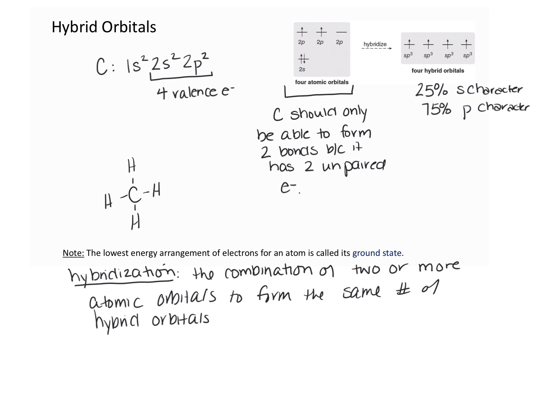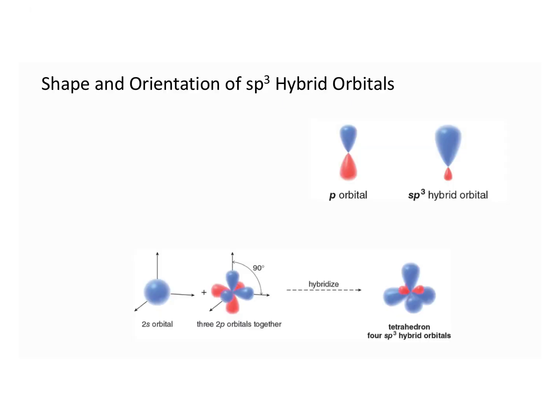Let's look at sp3 orbitals in more detail. When we mix the spherical 2s orbital with dumbbell 2p orbitals, we get four hybrid orbitals that have a distorted shape like this. They have a large lobe and a small lobe. This is what we think the sp3 orbitals look like.